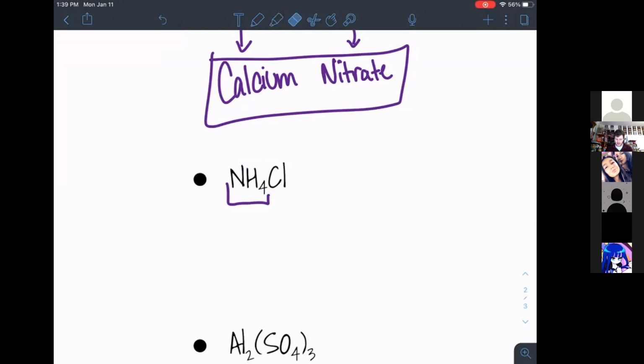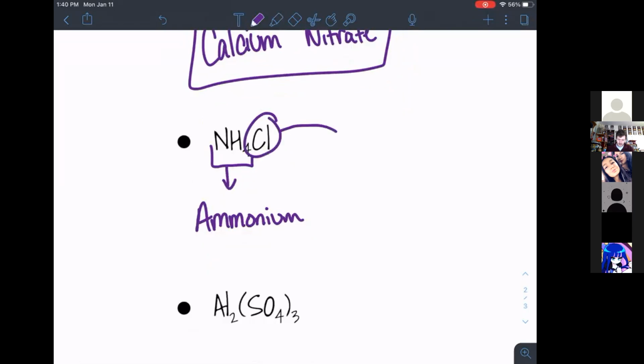So we know that this NH4 is ammonium, which means the Cl is what element? Chloride. Perfect.